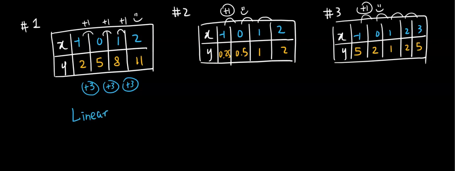Table 2. We already checked the increments between successive x values are equal. Now we want to check the ratio.